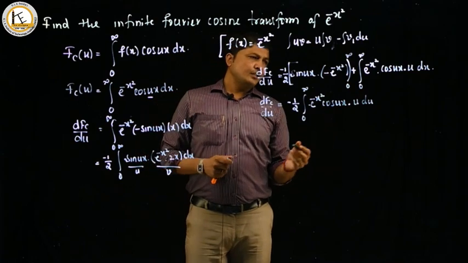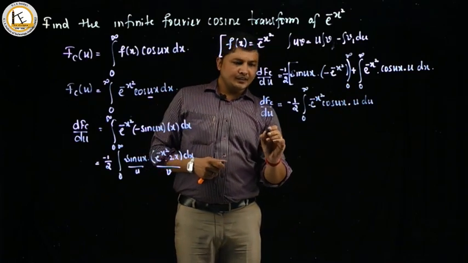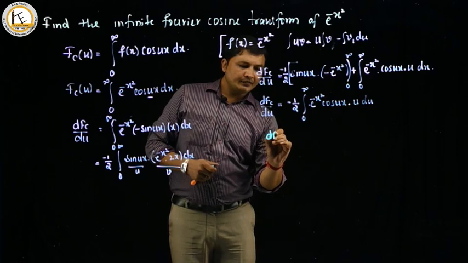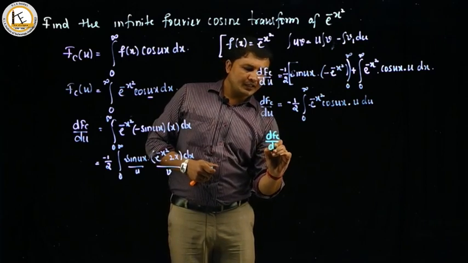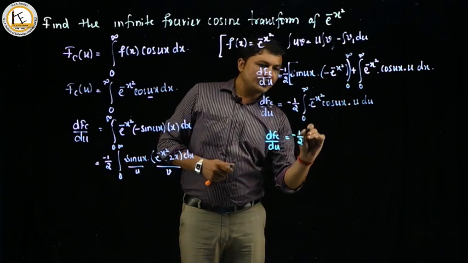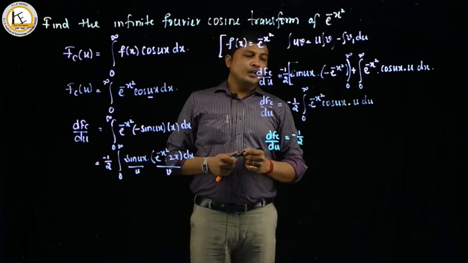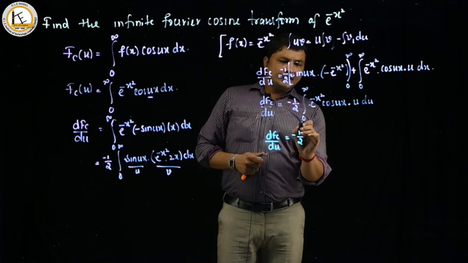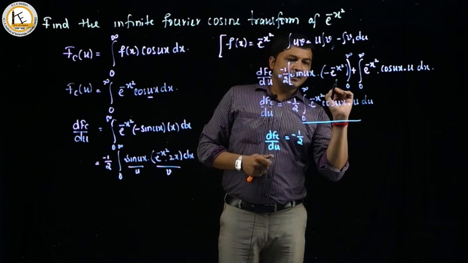Next step, again we need to evaluate this, so dfc by du is equal to minus 1 by 2 times of. Now just observe this integral.